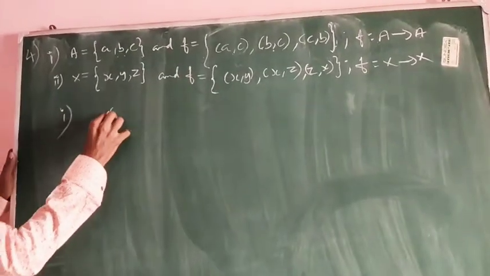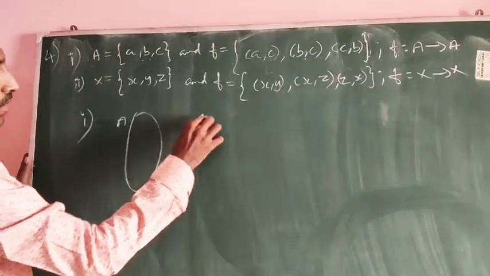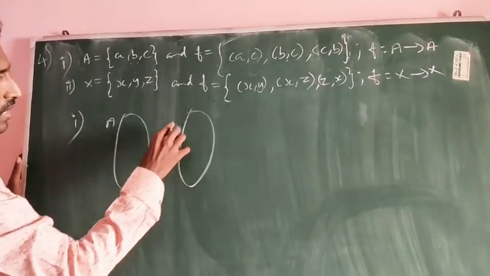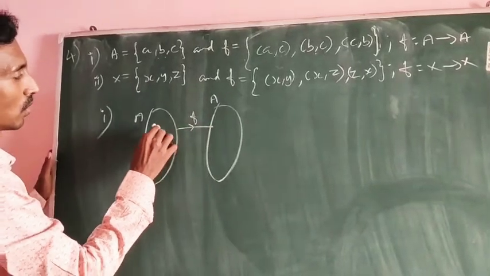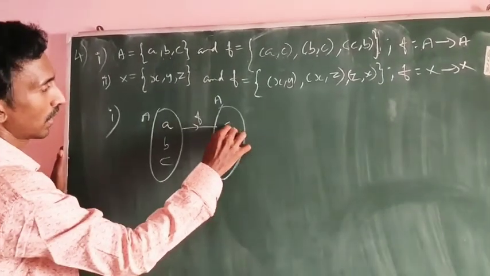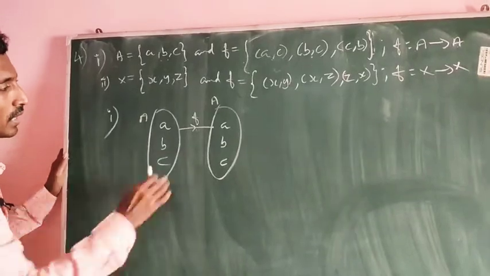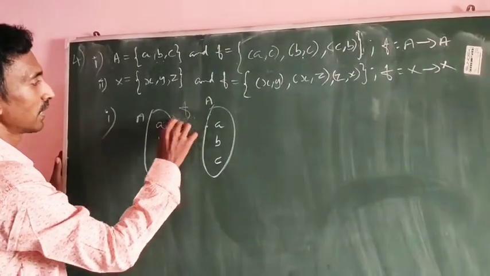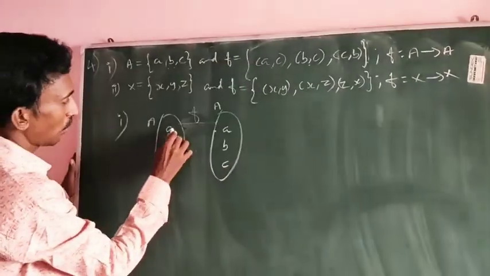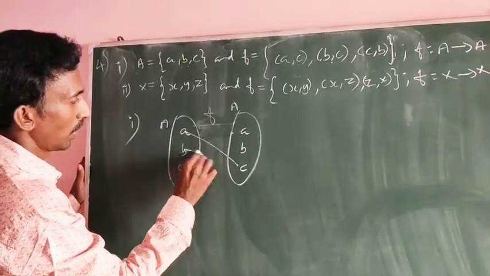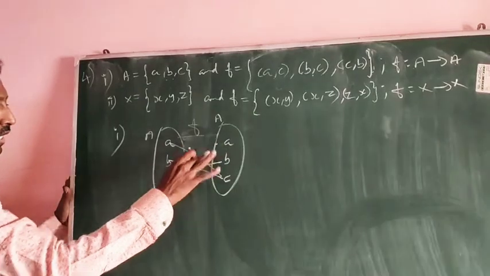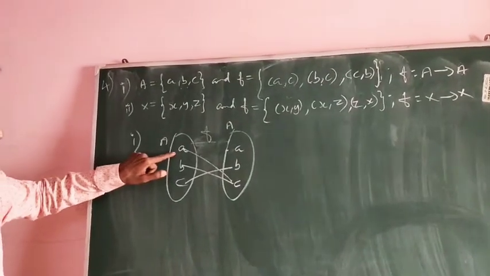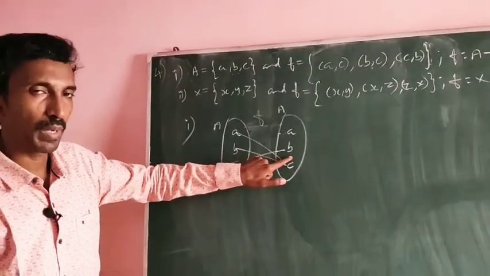The domain and codomain are the same. So a, b, c both contain the same elements. Now how is it related? So look here. A goes to c, b goes to c, c goes to b. Every element in the domain has an image in the codomain.